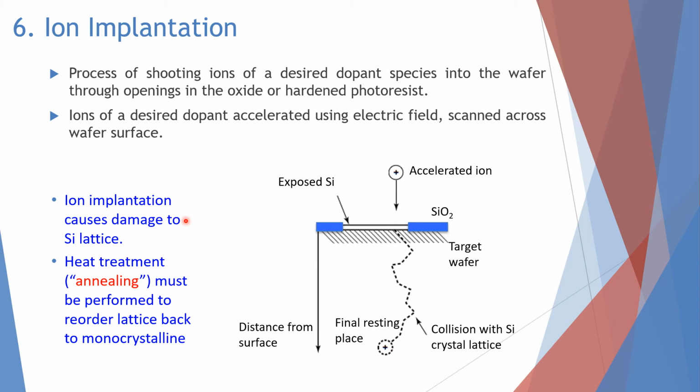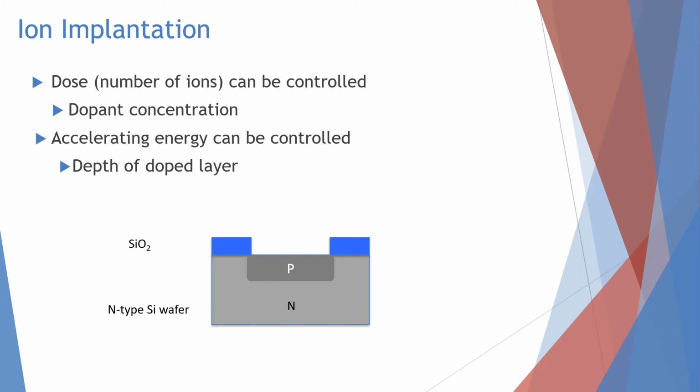Ion implantation will cause damage to the Si lattice. After the accelerated ions enter the Si wafer, there will be some damage caused by the ions. Therefore, we have to do heat treatment, which is annealing, to reorder the lattice back to monocrystalline. In ion implantation, the dose, which is the number of ions, can be controlled.